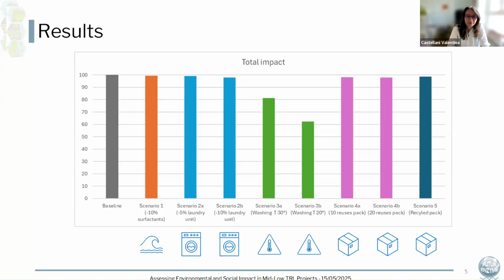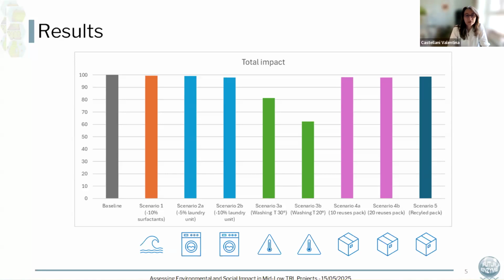So reducing the amount of surfactants by 10%, thanks to the use of new enzymes, and increasing a bit, plus 0.5%, the quantity of enzymes in the product. So in this scenario number 1, we have a slightly different composition of the product in terms of ingredients. So we modified the inventory for the ingredient part, and the rest remained the same.